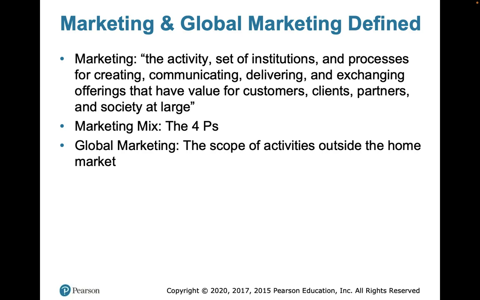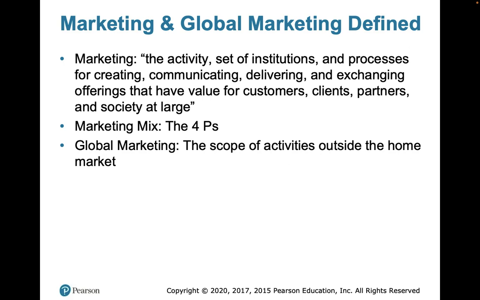Now, first of all, let's look at what marketing and global marketing are all about. Marketing is a set of activities, institutions, and processes for communication, delivery and exchange of offerings that have value for customers, clients, partners, and society at large.